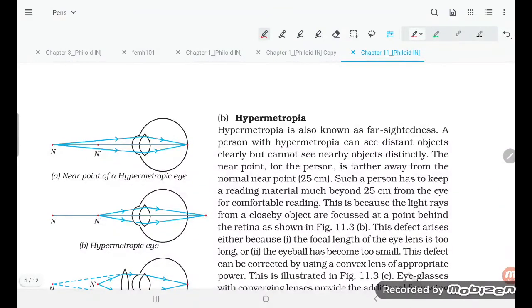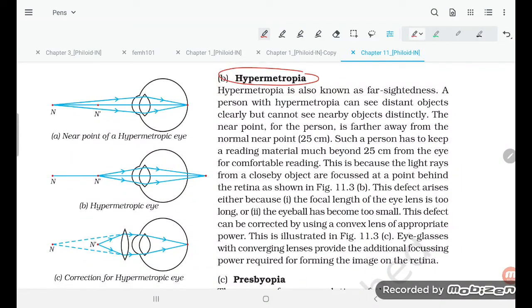Now the next one is hypermetropia. Hypermetropia is also known as farsightedness. A person with hypermetropia can see distant objects clearly but cannot see nearby objects distinctly.